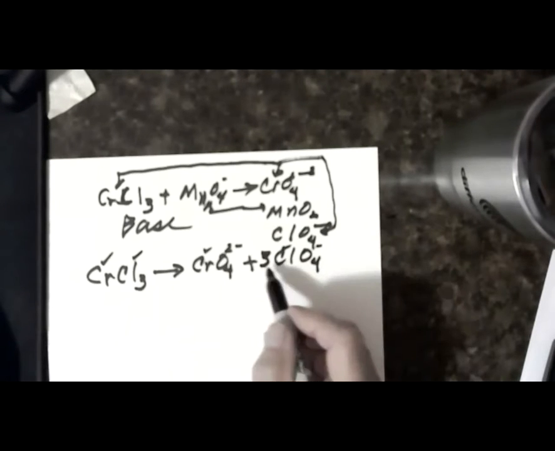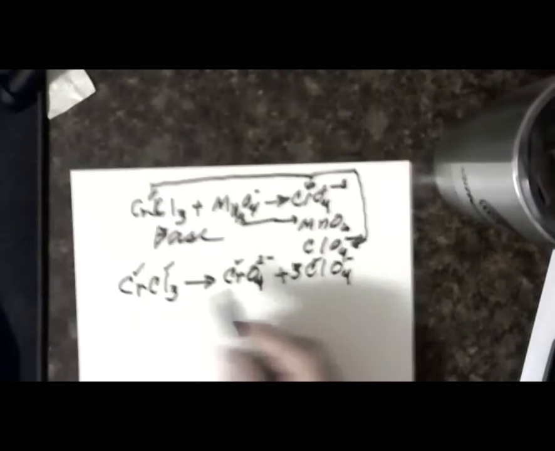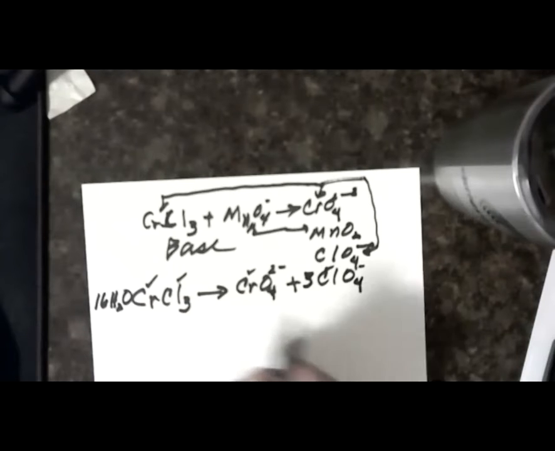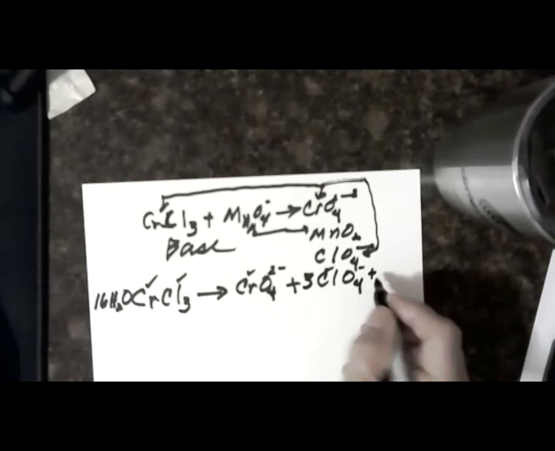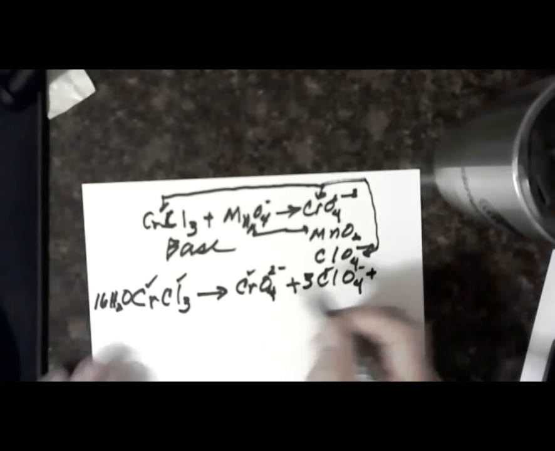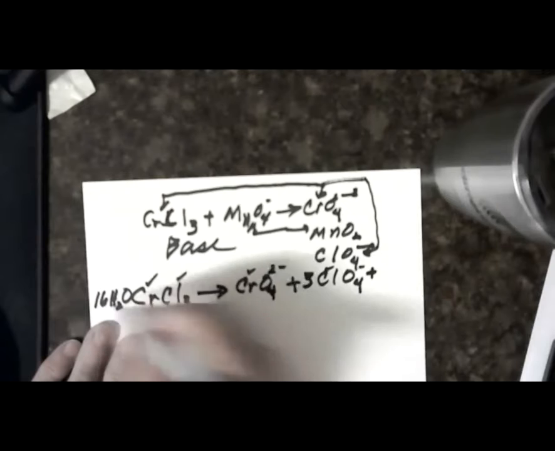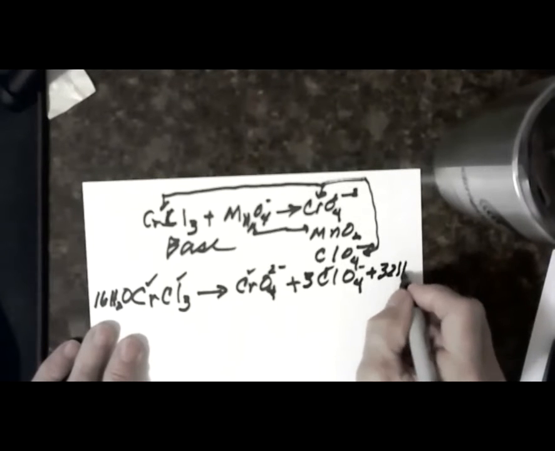On this, we've got 3 times 4 is 12, and 4 more is 16 oxygens. So I need to add 16 waters to this side. And when I do that, I've got to add hydrogen ions to the opposite side, and 16 times 2, so I'm going to need 32 H pluses.